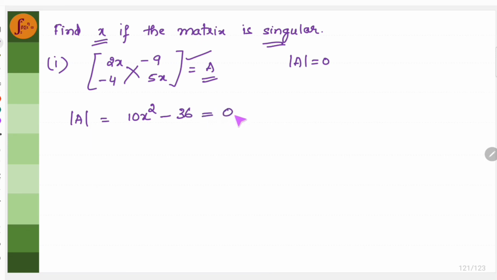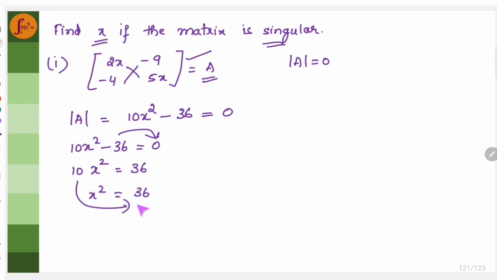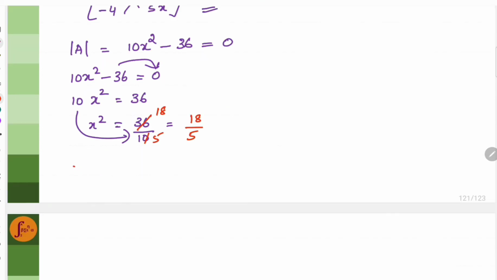And this will be 0. So 10x square minus 36 is 0, which means 10x square is equal to 36, which means x square is equal to 36 by 10. Therefore x is equal to plus or minus root of 18 by 5. So this is the value of x.